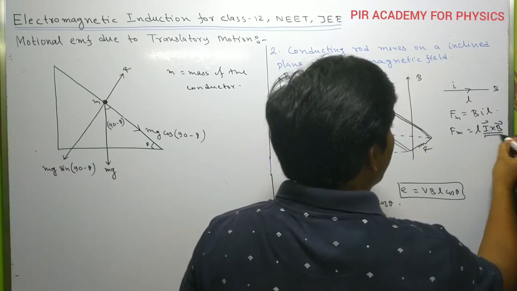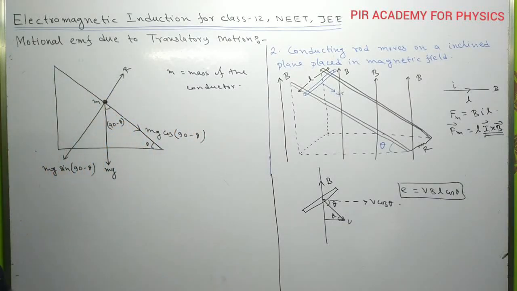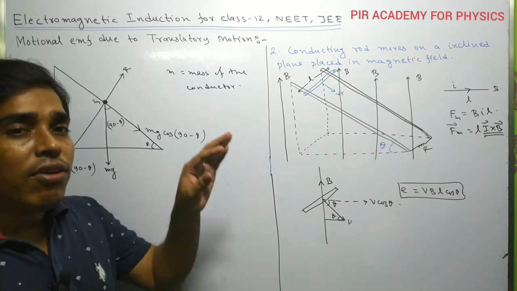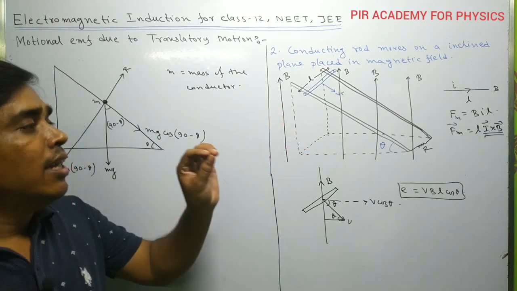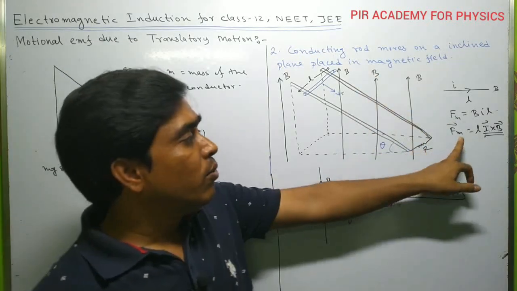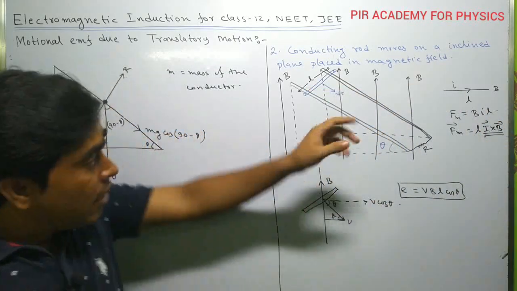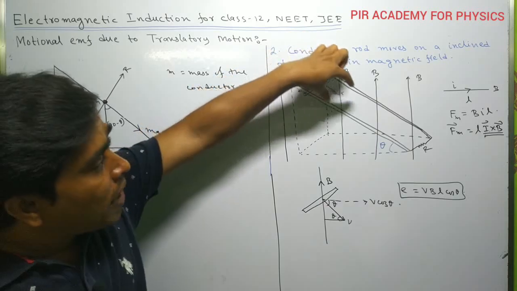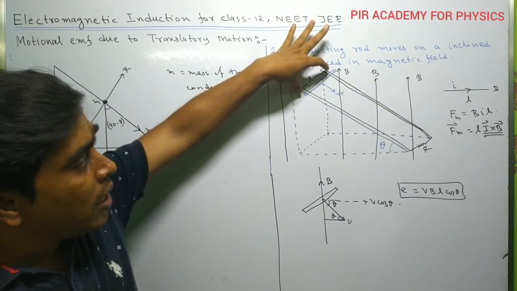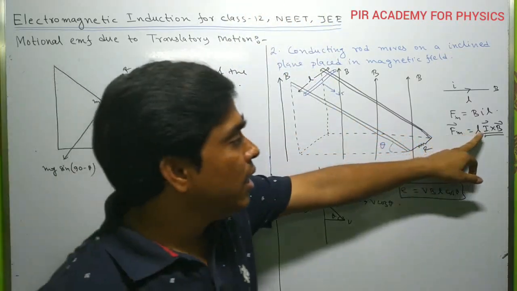This is the vector product for the magnetic force experienced by a current carrying conductor. If a current carrying conductor is placed in a magnetic field, then this conductor experiences a magnetic force L I cross B. Here this conductor moves in a magnetic field and there will be an induced current. For this induced current, this conductor experiences a force L I cross B.